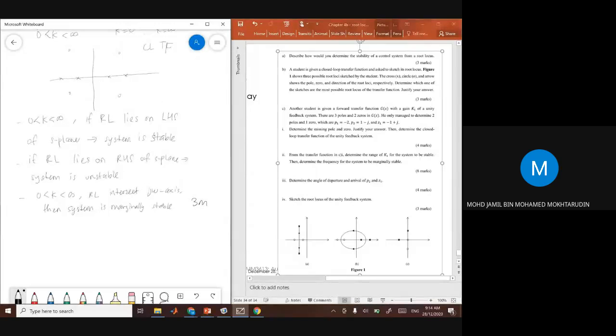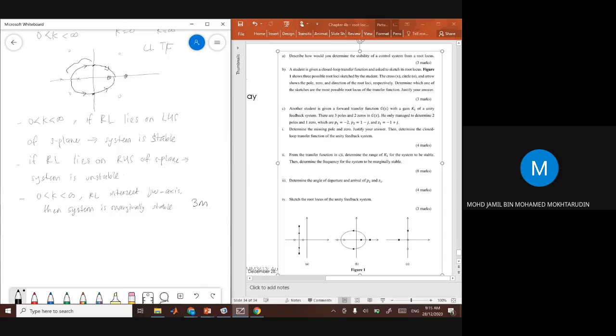So basically, let's say if your root locus is round in shape, for example, your root locus is stable at this section, and on the JW axis, your root locus will show that the system is marginally stable, and after crossing the JW axis, the system will be unstable.